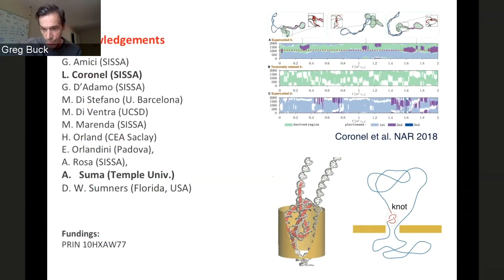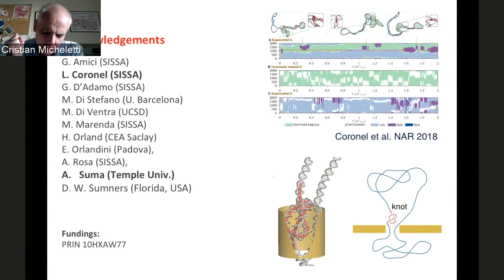Yes, it's a very pertinent point. We have studied it in a Macro Letters paper with Antonio Suma, which I didn't show. We have studied the effect of having different topologies in the tight pore translocation of flexible filaments. Essentially we were using a set of configurations that were all the same, and we were just changing the region near the pore, substituting one knot or another type. What we saw is that torus knots, and we also consider composite knots, are those that experience the least hindrance in going through.